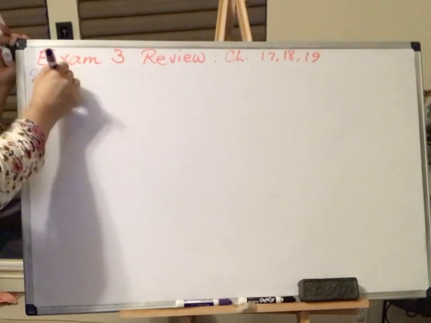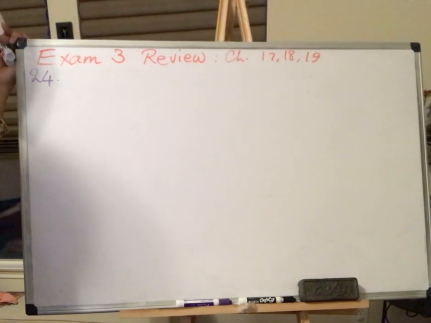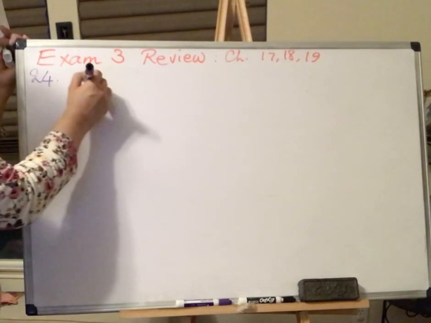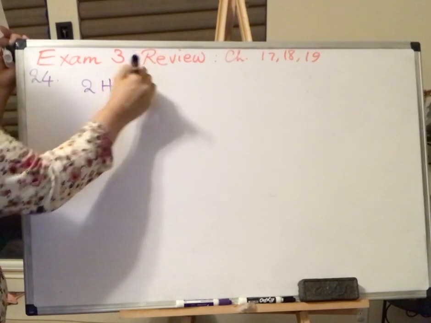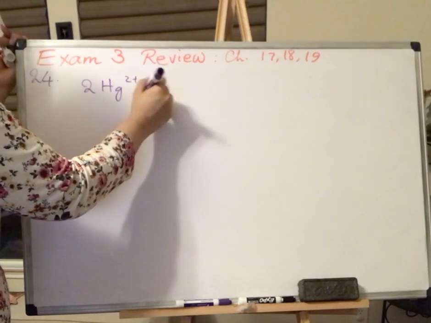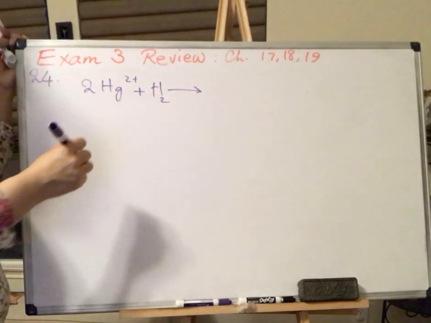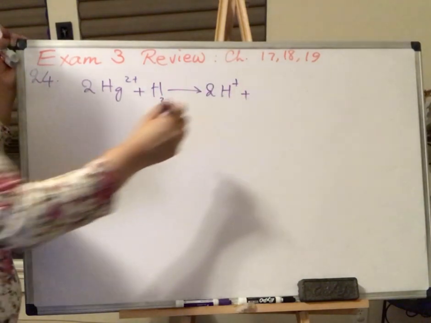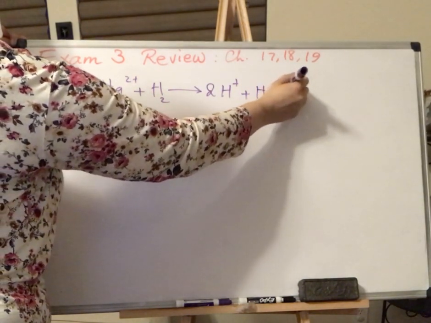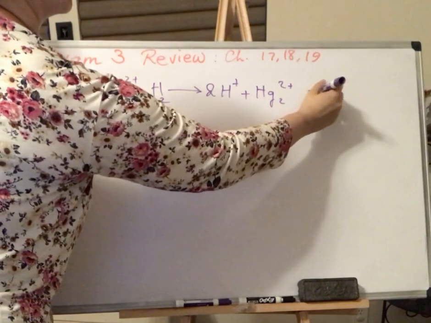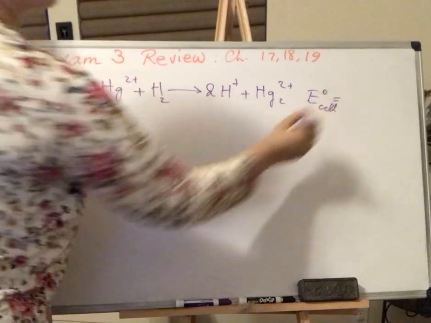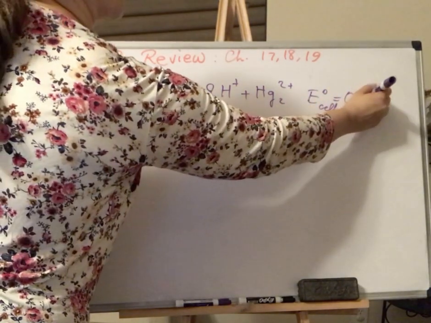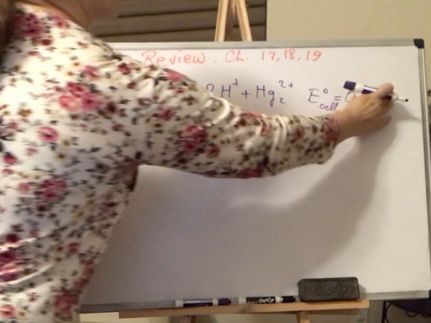In question number 24, consider the following cell reaction: 2 Hg2+ plus H2 gives 2H+ plus Hg2 2+, and the cell potential is 0.92 volts.